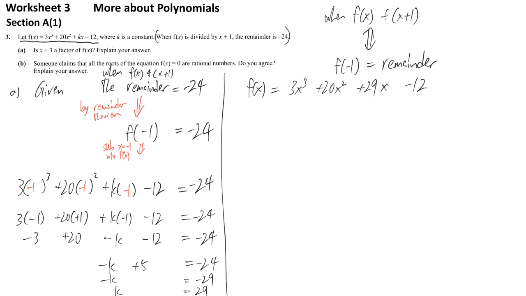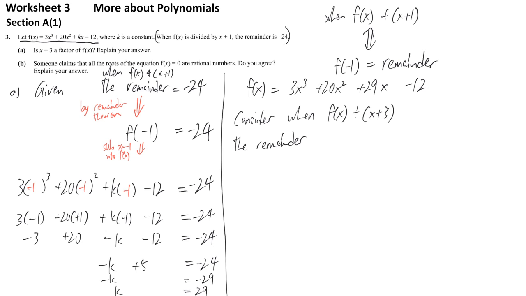And then you have two choices. You may use long division, or you may use the remainder theorem to find out whether this is a factor. If the remainder r is equal to 0, that means this is a factor. If your remainder is not 0, that means this is not a factor based on our definition. That's our logic. So we consider when f(x) is divided by x plus 3, the remainder.